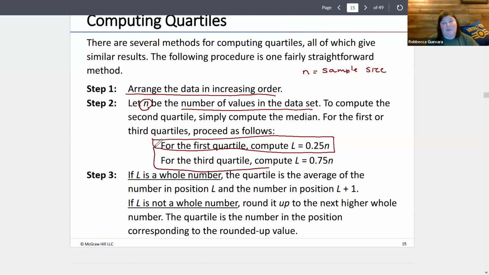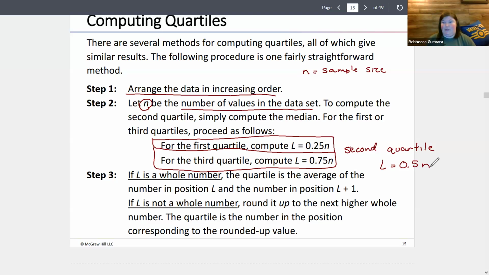It says here just to compute your median, but if you want to do your median or your second quartile, we can arrange your data and count ourselves to the center. But you could also go, this is 25% in, this is 75% in. Well, your second quartile is supposed to be 50% in.